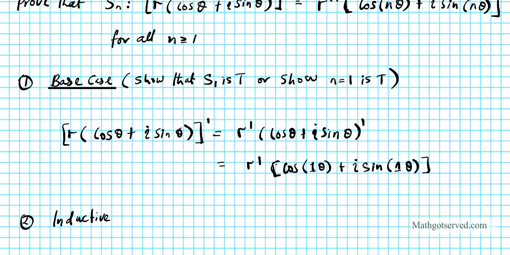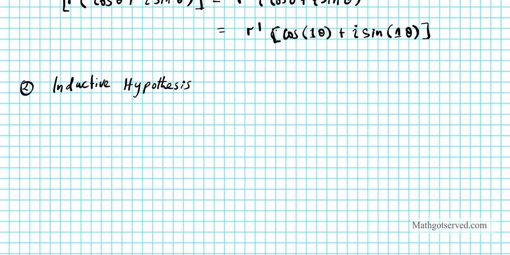For the inductive hypothesis, remember what we said before, we're just going to assume that S of k is true. There are 2 ways of writing this, and I'll show you both methods. You can pick any one you like. The first way you can write it is, assume S sub k is true. This is one way of writing it.